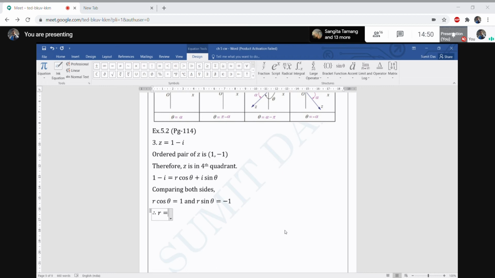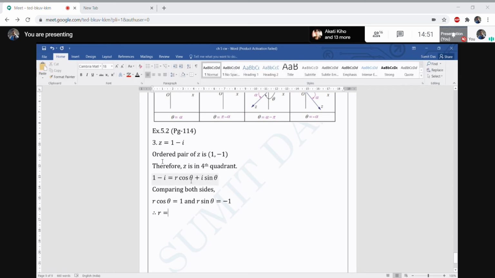You can use the formula; I like to use the formula. Whenever you get this, write it as a plus ib form. Now comparing, a equal to 1 and b equal to minus 1.